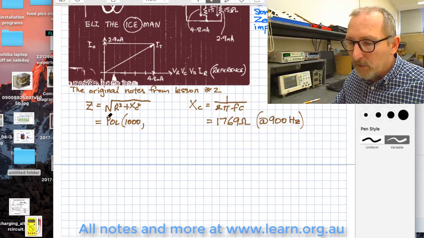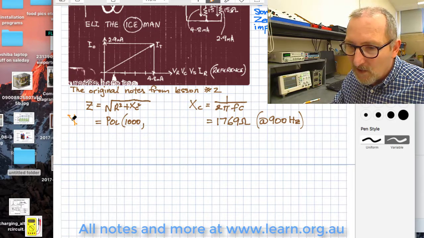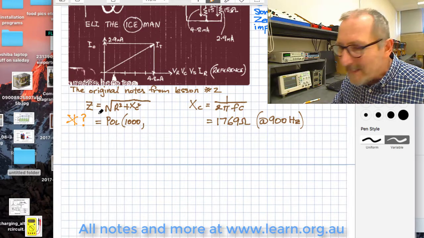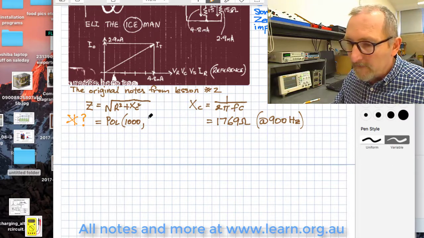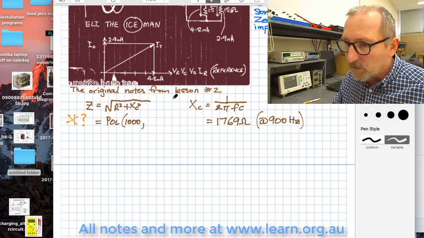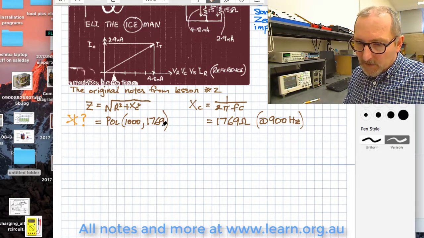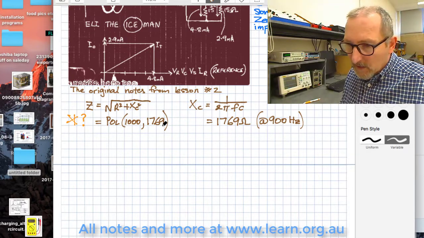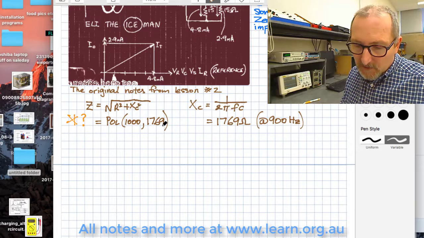Coming back to work out the impedance then, and look, I should really just put an asterisk next to this, and a bit of a question mark. Is this how we can do this? Let's run with the figures and just see where we go. So 1769. Run that on the calculator. Shift pole, this is on an FX 991 ES. Shift pole, 1000, comma, 1769.